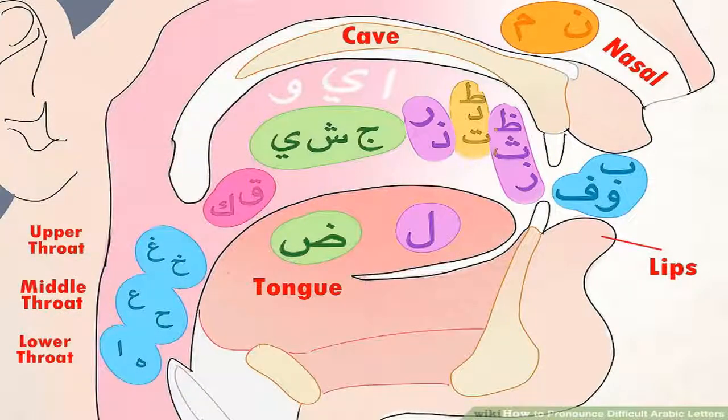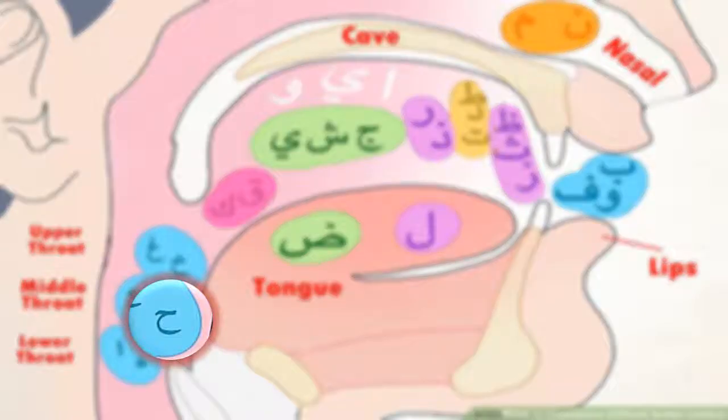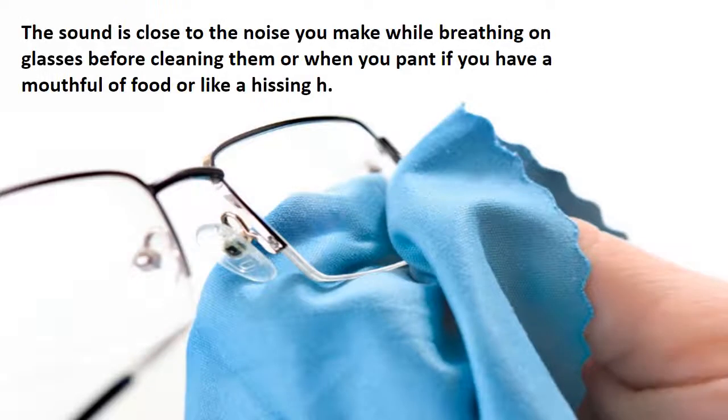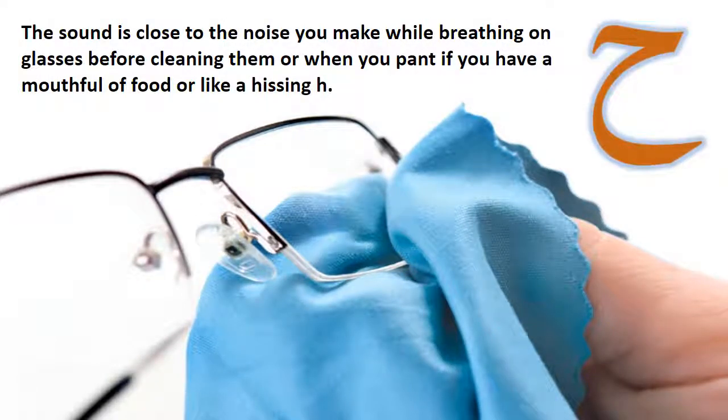This illustration resembles a facial side view, and it shows the Arabic letters and their different pronunciation positions. Now the letter Ha can be pronounced in the middle throat. Ha. This sound is close to the noise you make while breathing on glasses before cleaning them, or when you pant if you have a mouthful of food, or like a hissing etch. Ha, ha, ha.